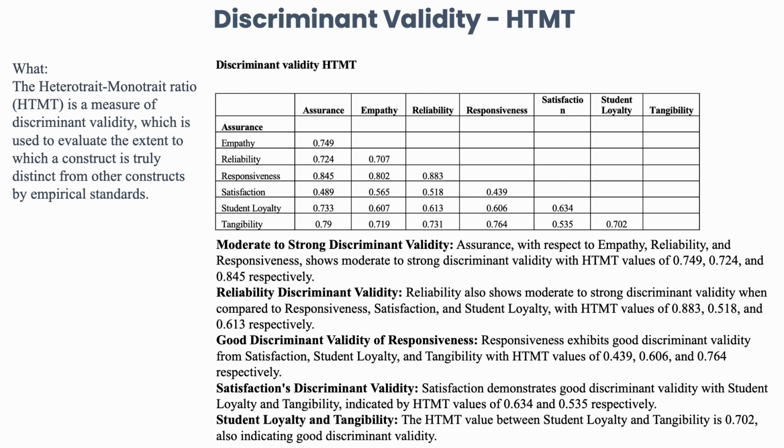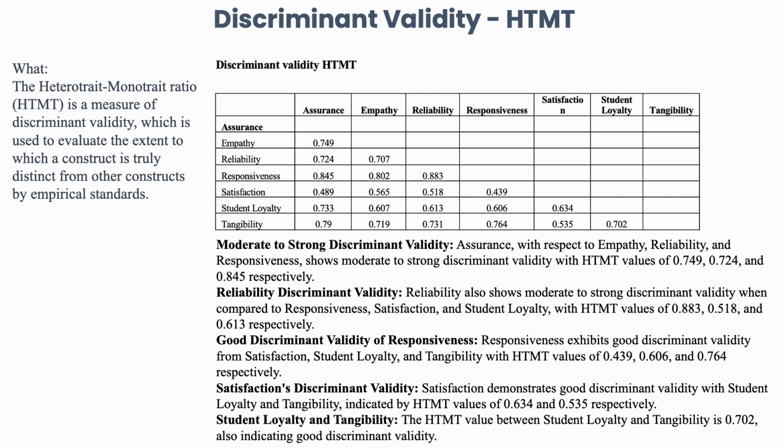The HTMT values for satisfaction to student loyalty and satisfaction to tangibility are 0.634 and 0.535 respectively. These values suggest that satisfaction has good discriminant validity from these constructs. And finally, the HTMT value for student loyalty to tangibility is 0.702. This indicates good discriminant validity between these constructs.